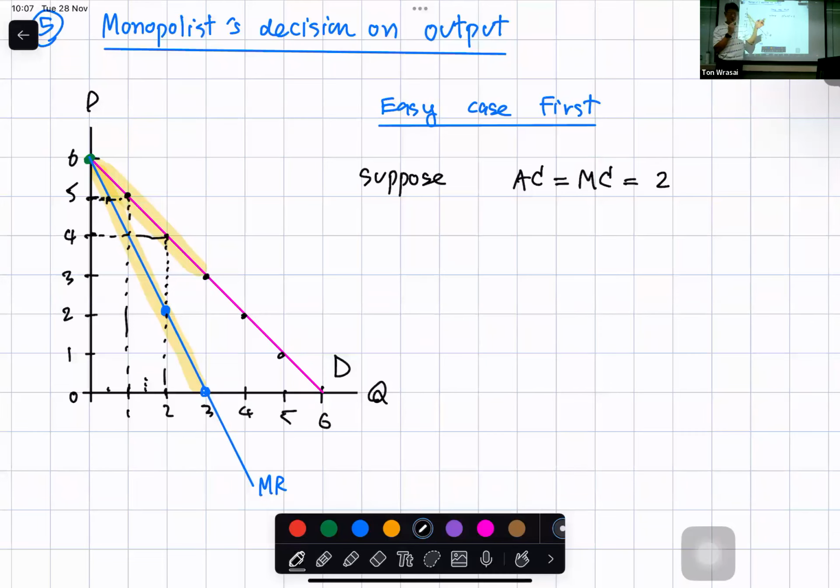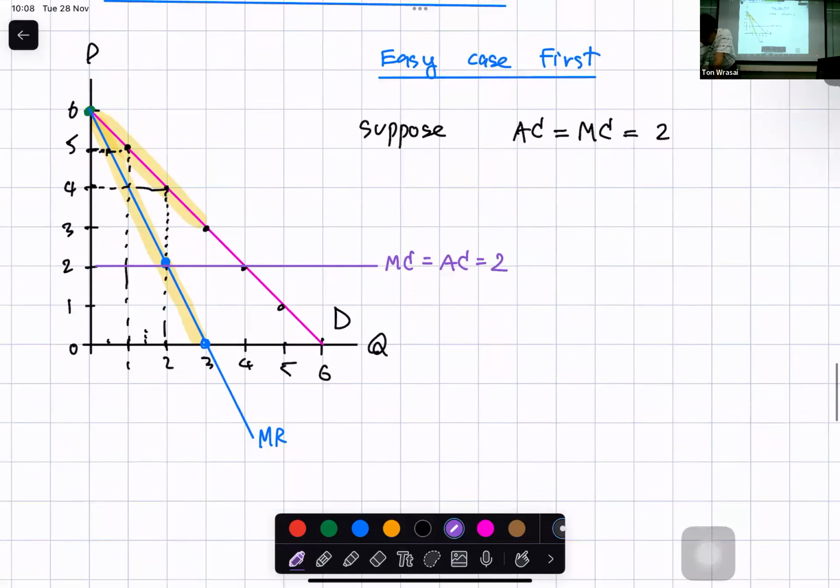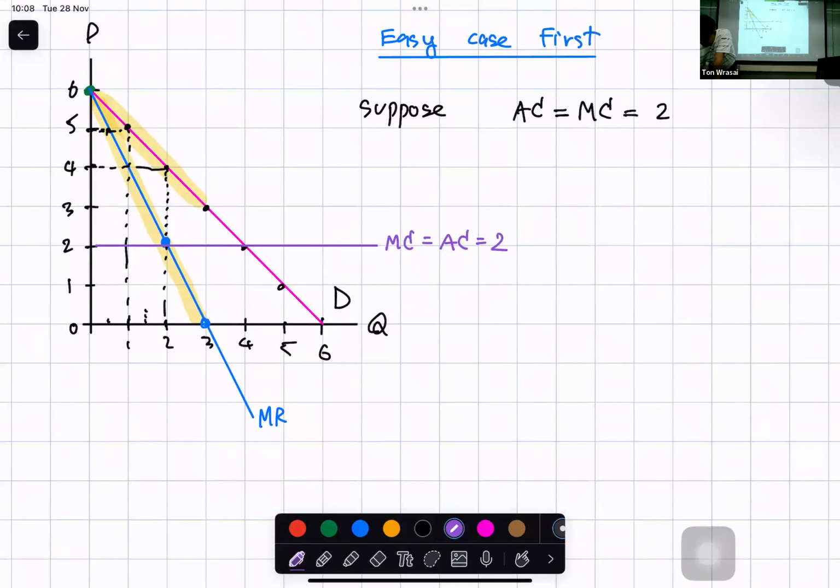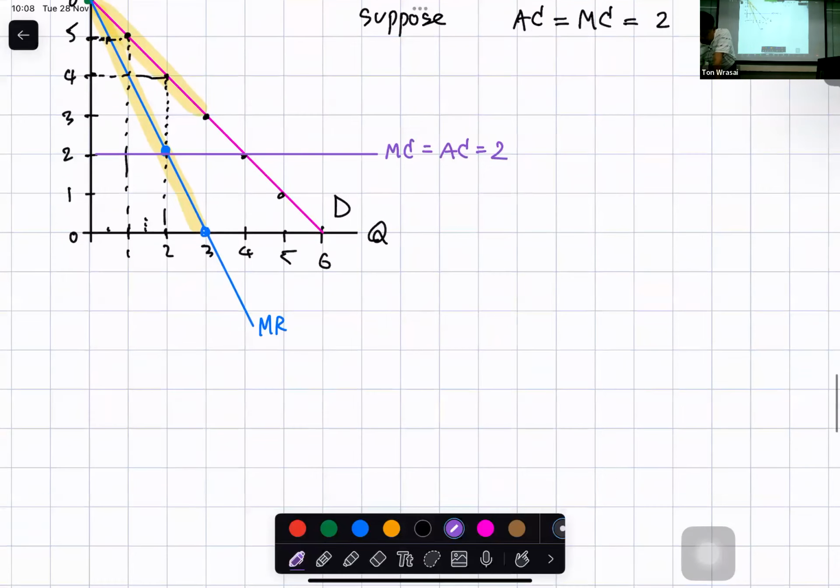So let's introduce this marginal cost curve into this diagram. MC equals AC equals 2.